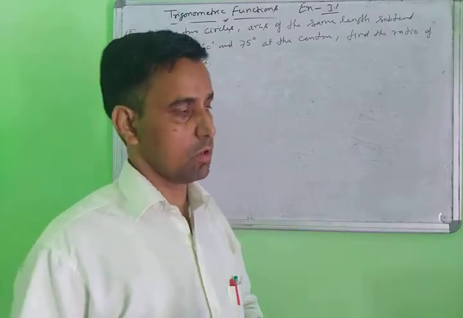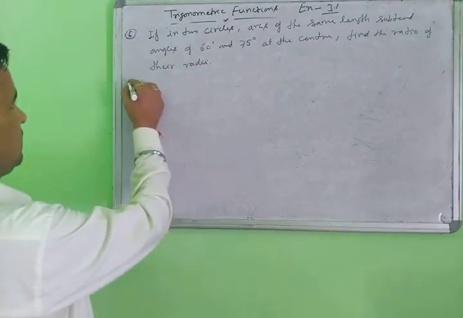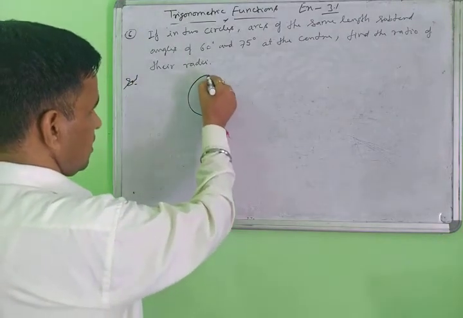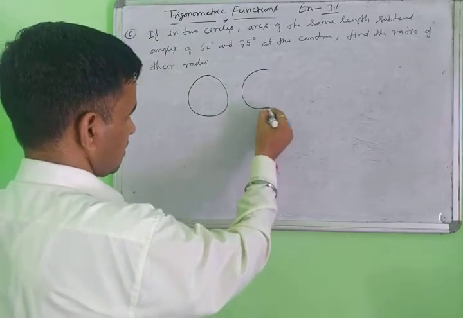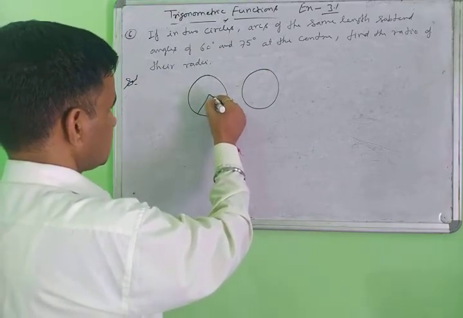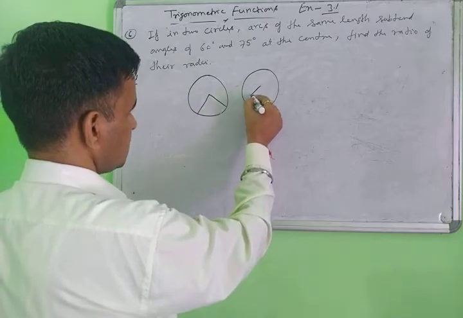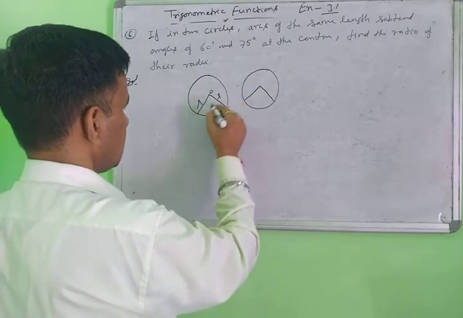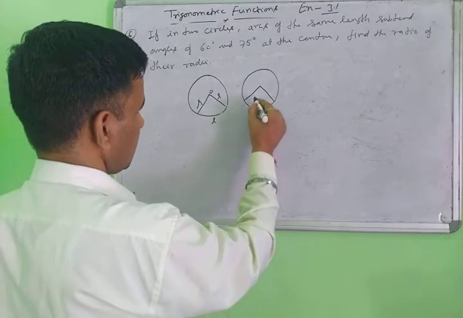Yes. So now look here at the question. Suppose this is your first circle and this is your second circle. This is your center, this is your 60 degree angle and this is your 75 degree angle. This is the radius and this is the arc length.